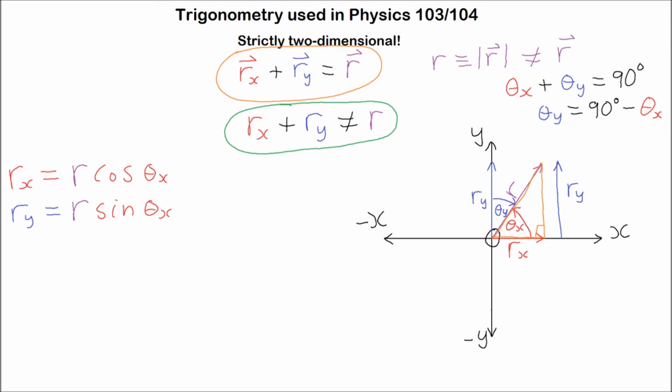Rx and Ry can also be calculated using theta y, because here we have another right triangle, and Rx is the length of this side of the green triangle, which is separate from theta y.